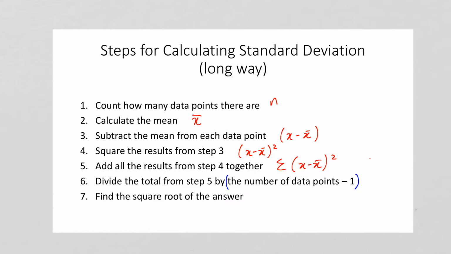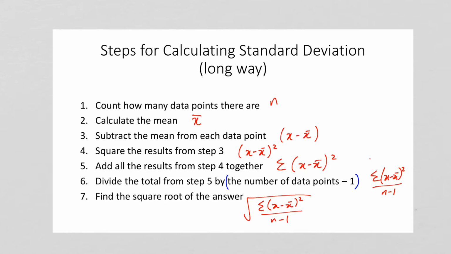Then you're going to divide that by n take away 1. And last but not least, you find the square root of the entire answer. Now again, once you get good at this, you can do it all in one go in your calculator. But until then, it's fine to go step by step just to make sure that you have it.